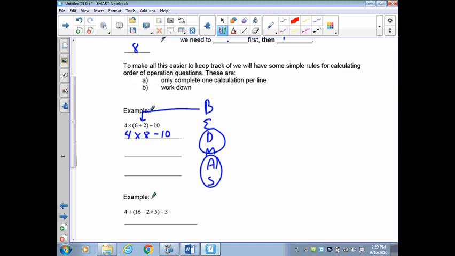I do the brackets first. Everything else has to be brought along because each line has to have the same value as you go along. Now, I have a choice between subtracting and multiplying. Multiplying is here. Subtracting is in the bottom of the second group, so multiplying comes next, 4 times 8 being 32. And now finally, 32 take away 10 is 22.